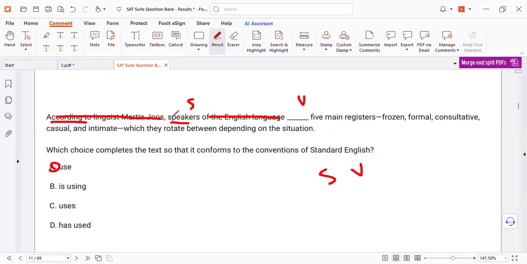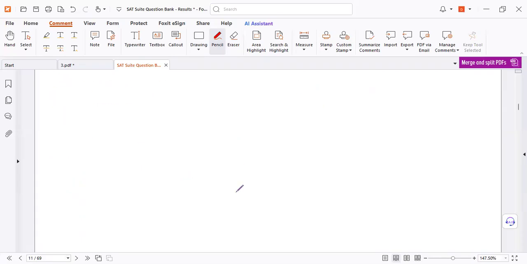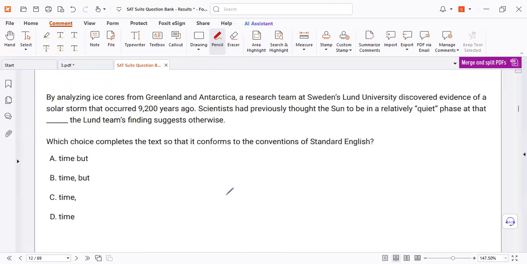So the clause starts after the comma, you know. The hack. Remember the hack. Three singular. Singular, singular, singular. That's the last step. Next.